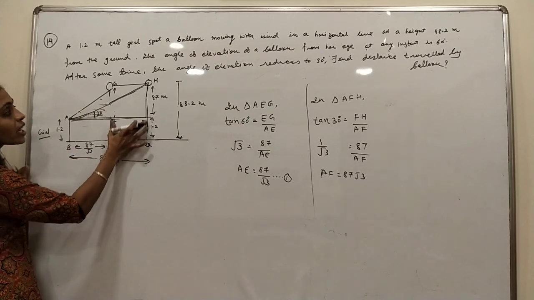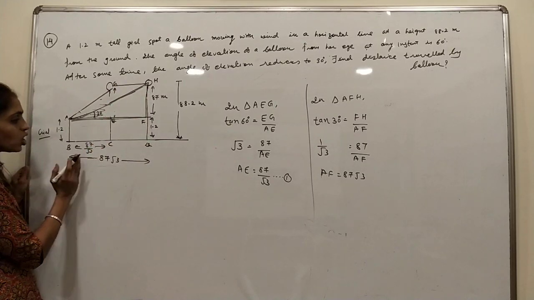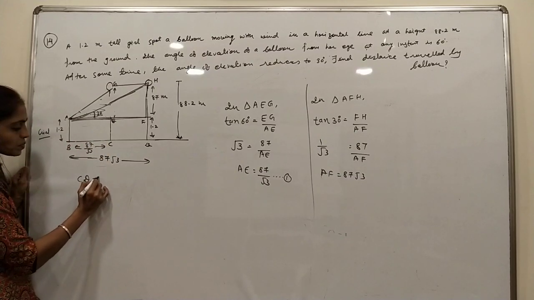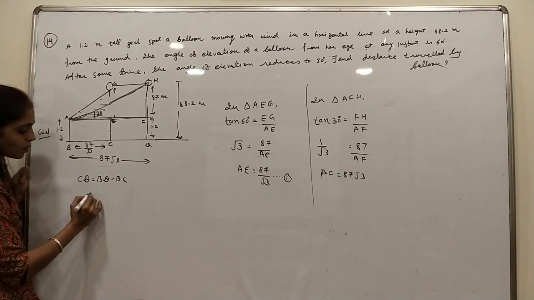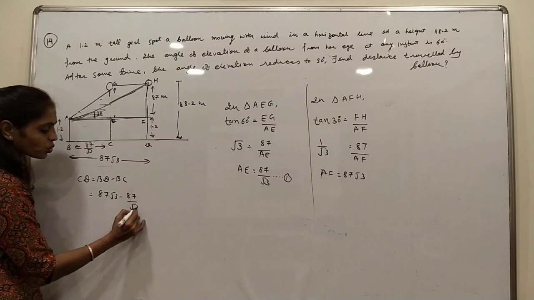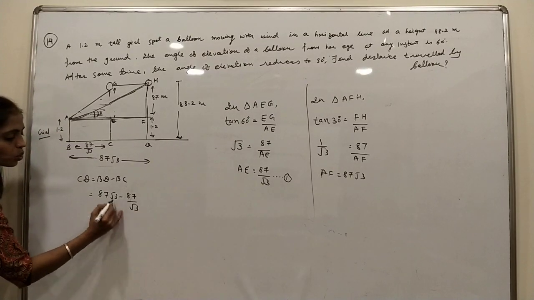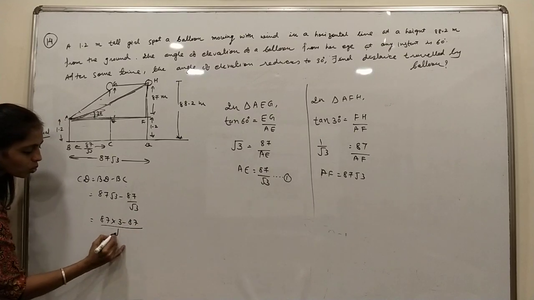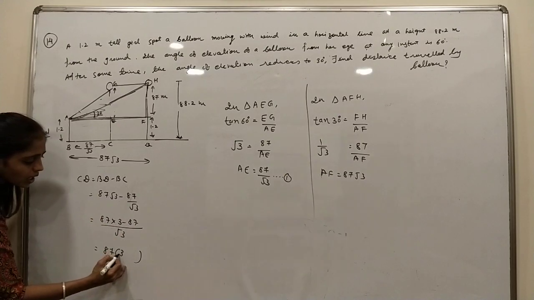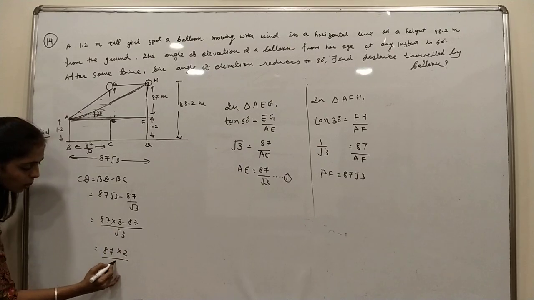So CD is equal to the distance travelled by the balloon. So CD is equal to BD minus BC, which is 87√3 minus 87 upon √3. Taking LCM √3, 87 common, 3 minus 1, that is 2 upon √3.